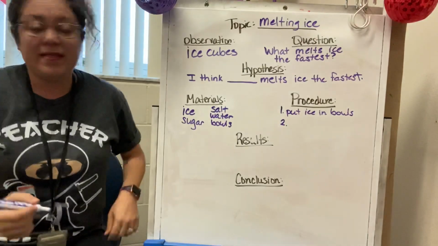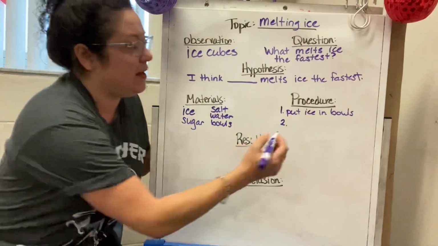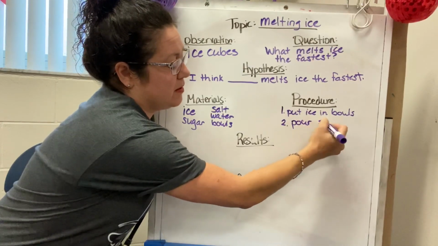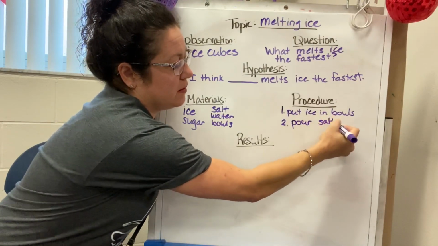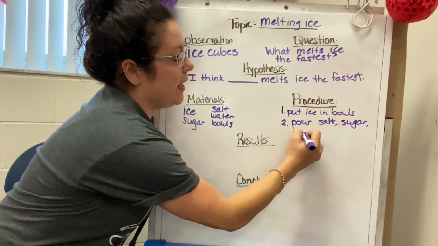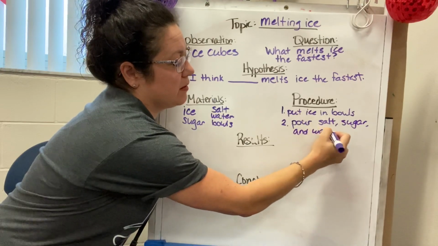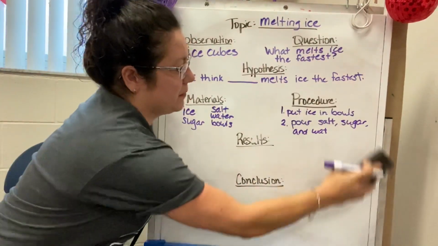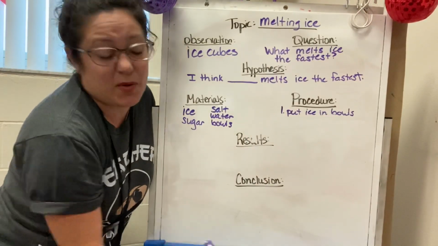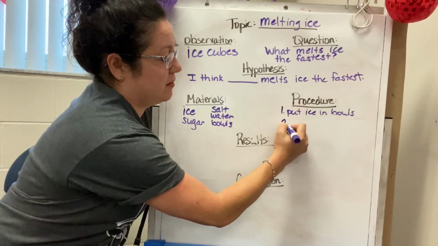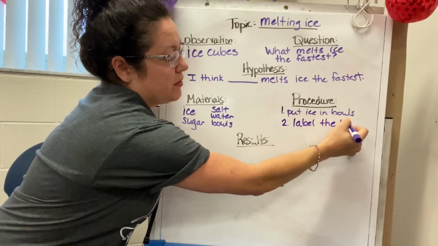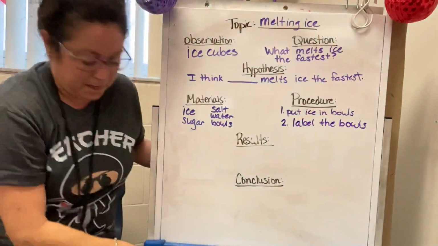Okay. Then step 2 would be pour salt, sugar, and water. Oh, wait, sorry. Step 2, we need to label the bowls so we know which one's which. Label the bowls.